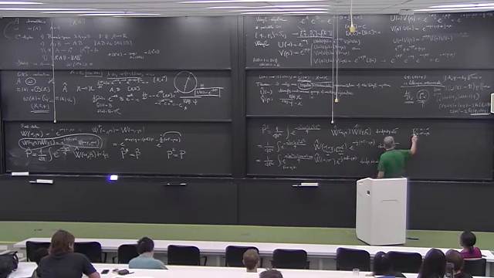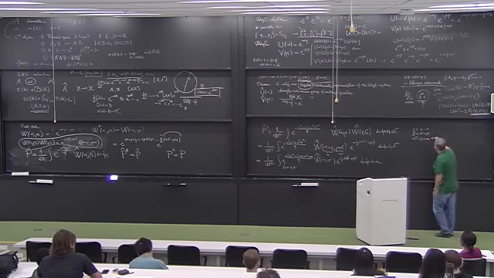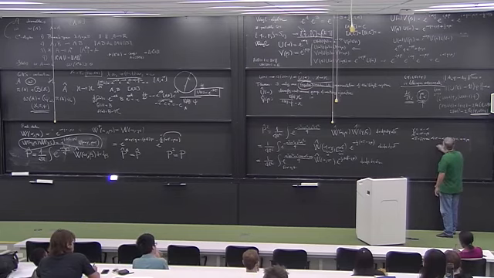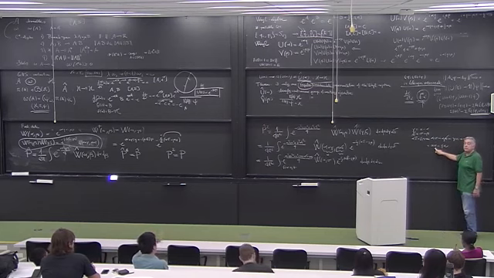You can see that if you do this change of variables, alpha delta minus gamma beta equals alpha v minus alpha beta minus gamma u plus alpha beta. So this is alpha v minus gamma u.